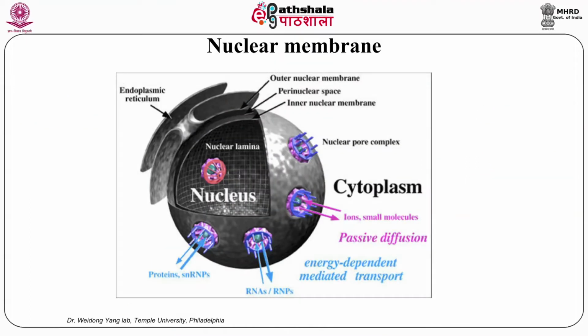Mutation of lamins or lamin-associated inner nuclear membrane proteins can result in tissue-specific diseases known as nucleoenvelopathies. Mutation in lamin A leads to Emery-Dreifuss muscular dystrophy, whereas mutation in lamin C leads to limb-girdle muscular dystrophy.